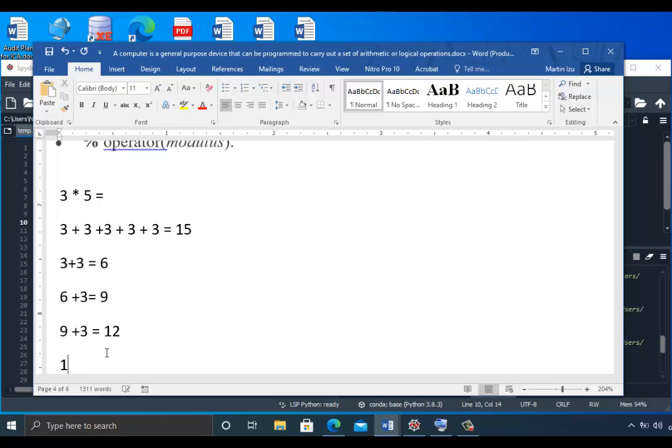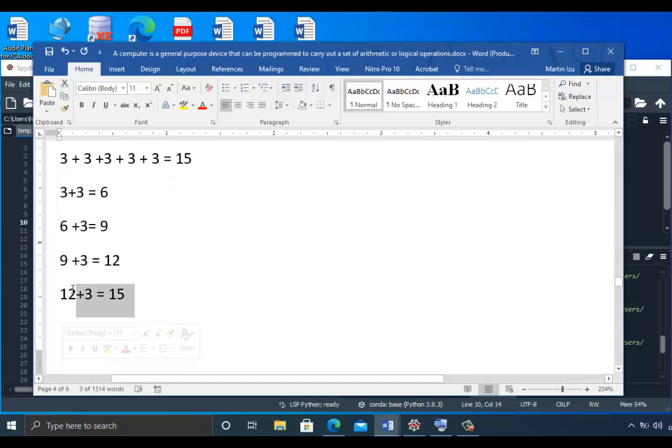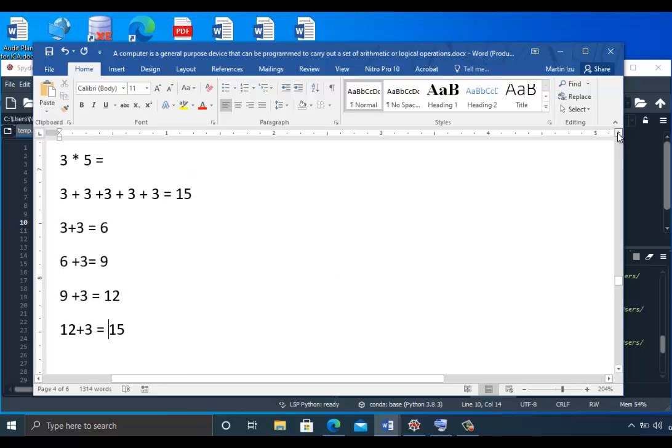Then the last one, 12 plus 3 will give us what? 15. Okay? So the first two 3s will give us 6. Then this result 6 plus this third 3 will give us 9. Now this result 9 with this fourth 3 will give us 12. Now the result 12 with this fifth 3 will give us 15.